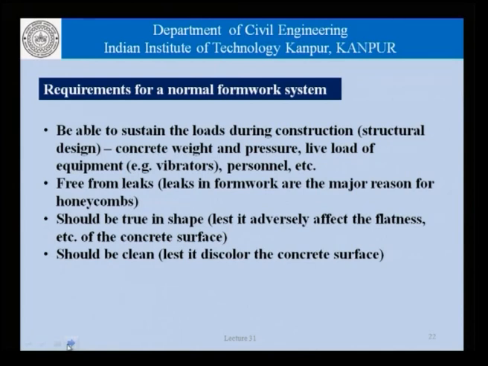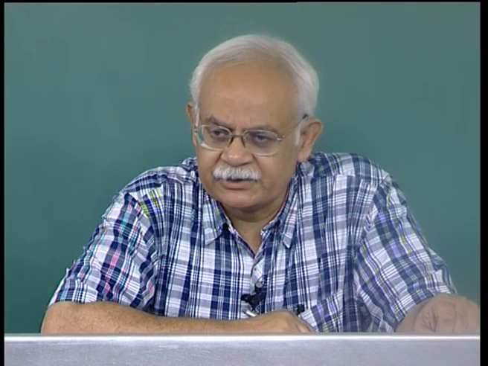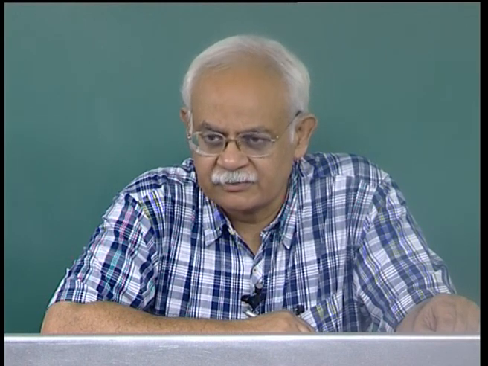That is, those plates are not having undulations, because once those plates or panels have undulations, the concrete that is cast against them will obviously reflect that. The formwork should be clean, lest it discolor the concrete surface or impart properties which are not desirable from aesthetics or any other point of view.